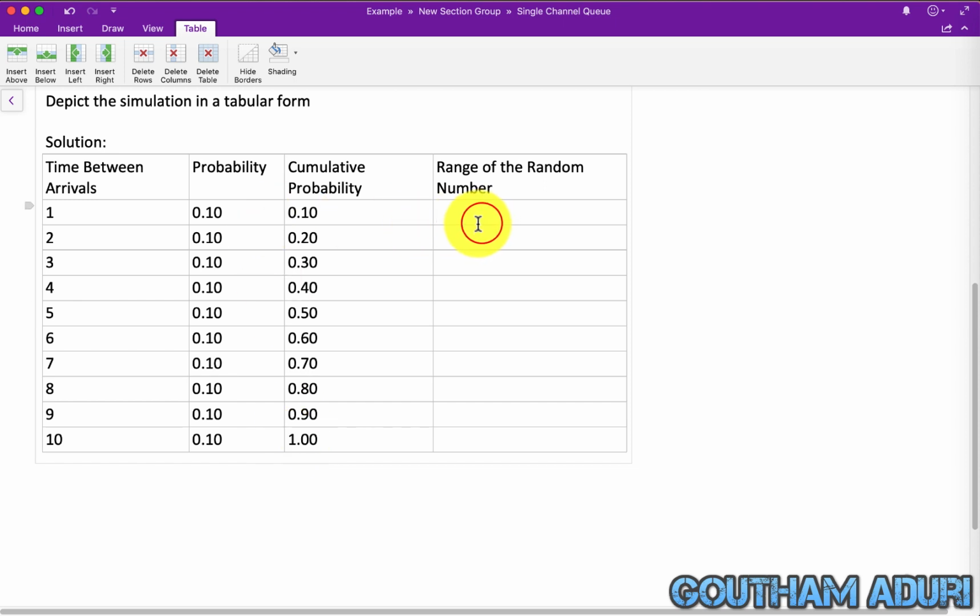The range of the random numbers can start either from 0 or 1. It all depends on you, there is no criterion, so I will start with 1. So 1 to 10.